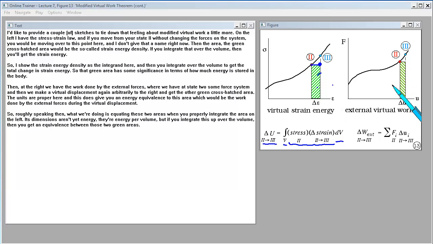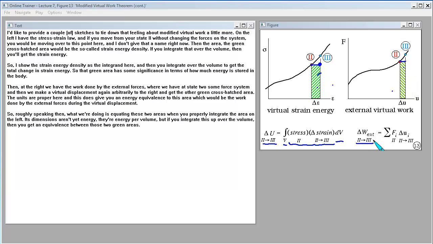Then at the right we have the work done by the external forces, where we have at state 2 some force system, and then we make a virtual displacement again arbitrarily to the right and get the other green cross-hatched area. The units are proper here, and this does give you an energy equivalence to this area, which would be the work done by the external forces during the virtual displacement.